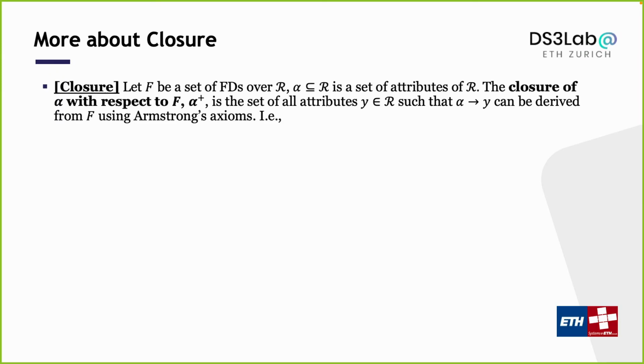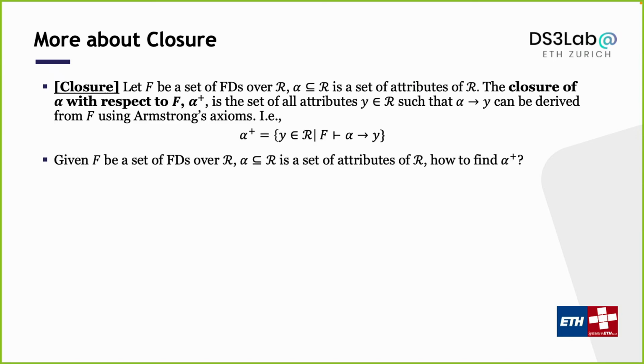There is more about closure. There are actually more interesting things about closure. Here we define the closure of a set of attributes alpha with respect to a set of functional dependencies. We call that alpha plus, the set of all attributes y such that you can derive alpha decides y using F. Given F, a set of functional dependencies over R, and given alpha as a set of attributes, how do we find this closure?